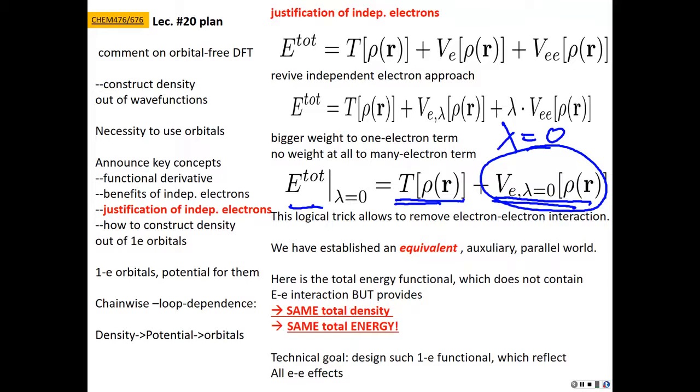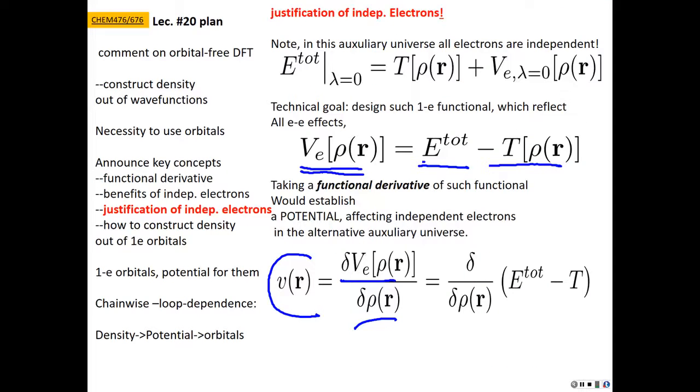And I probably need to wipe off both boards because ideas will be simple, but it will be a little calligraphy effort to populate both boards. So here's what we already agreed. If we take the functional derivative of the electron-nuclear interaction, then we get a potential, right?